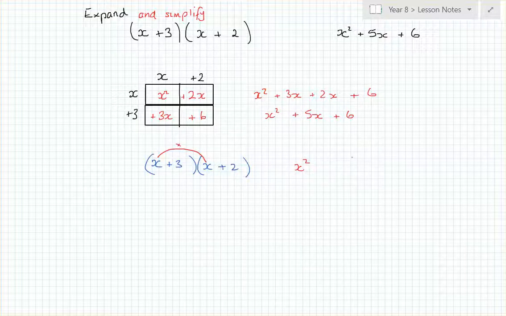I'm going to multiply the x by the 2, which gives me plus 2x. I'm going to multiply this time the 3 by the x, plus 3x. And I'm going to multiply the 3 by the 2.